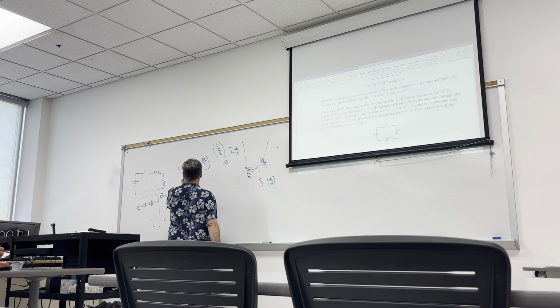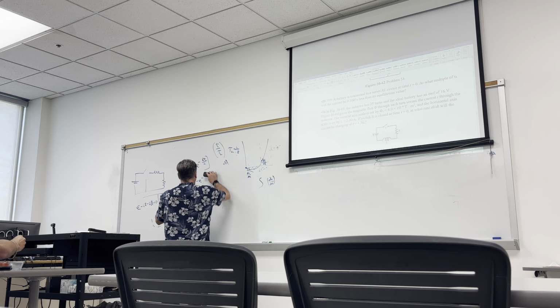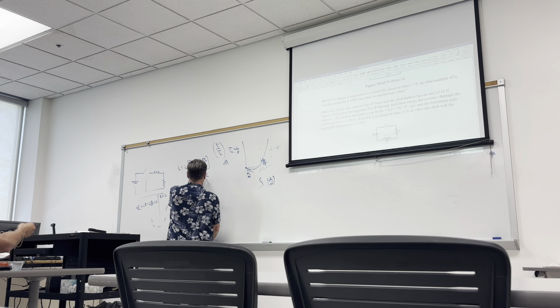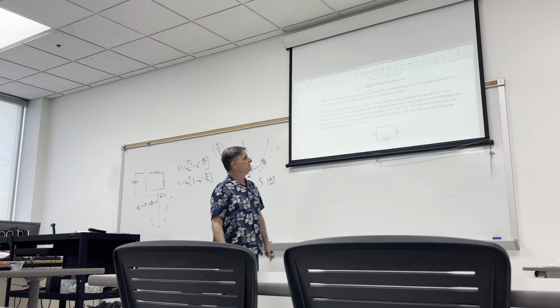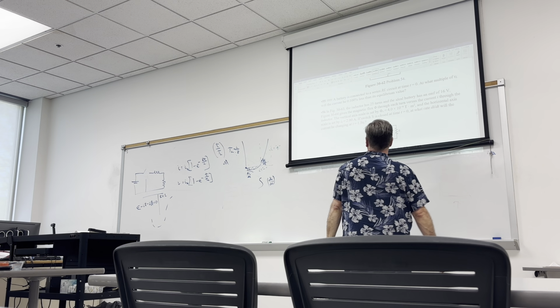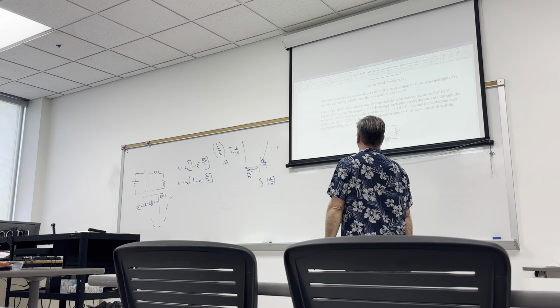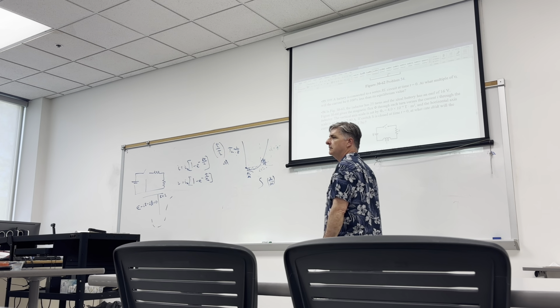So if you want to rewrite it this way, what does it say? At what multiple of tau will the current be 0.1% less than its equilibrium value?